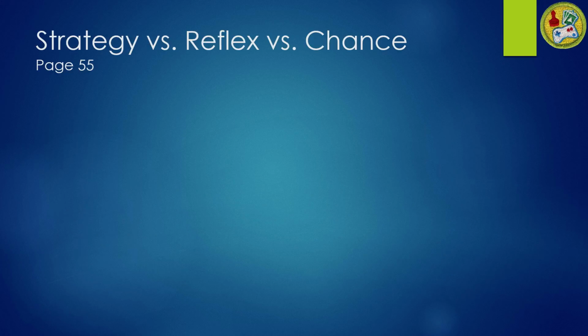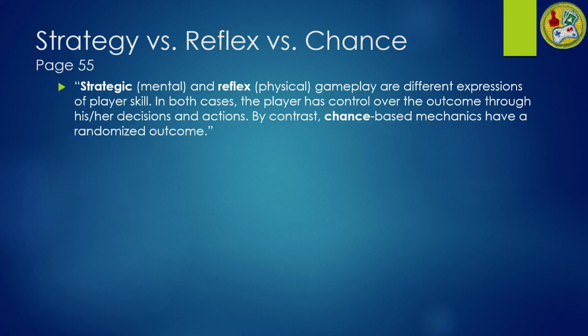Okay, two more to go. It's time for strategy versus reflex versus chance, which is found on page 55. Strategic, or mental, and reflex, or physical, gameplay are different expressions of player skill.